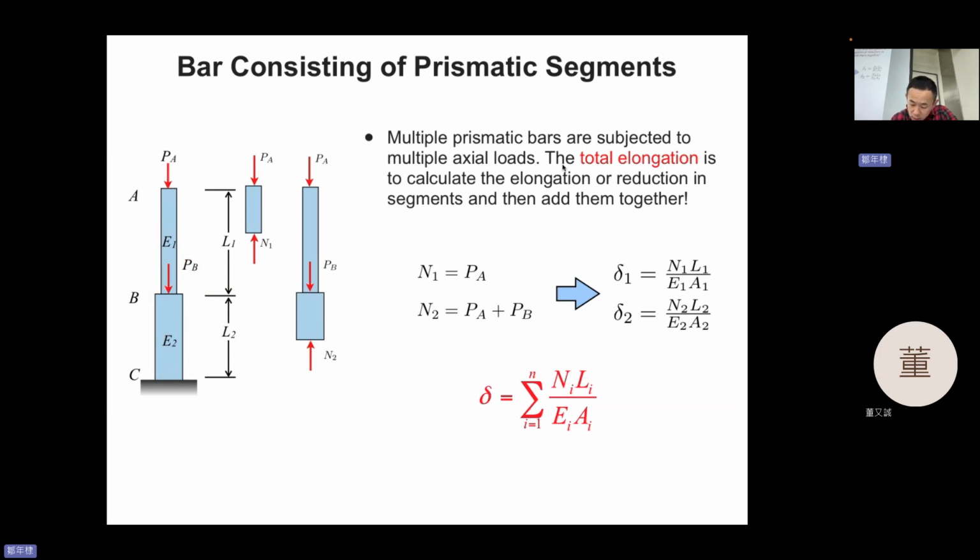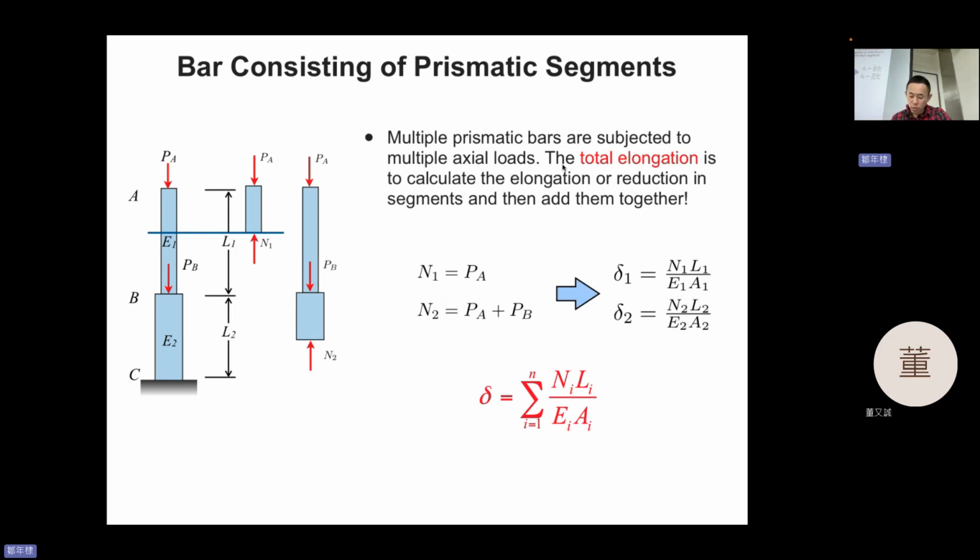So I just cut it for the first one. And on this page I keep the upper part. So PA and N1 should be the same. Okay, minus PA plus N1 equal to 0.